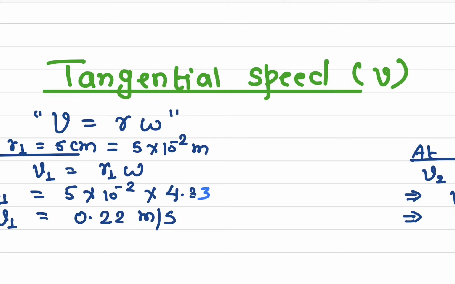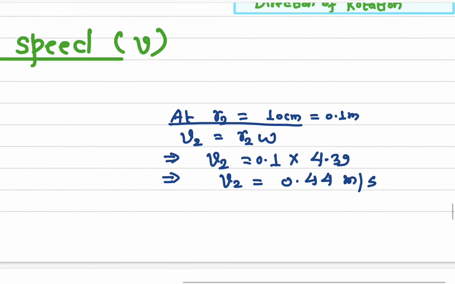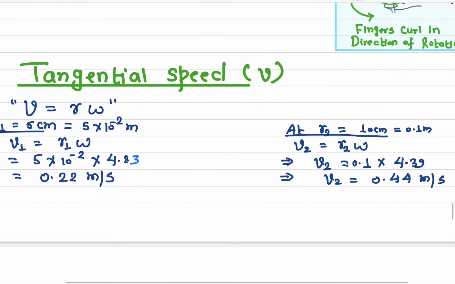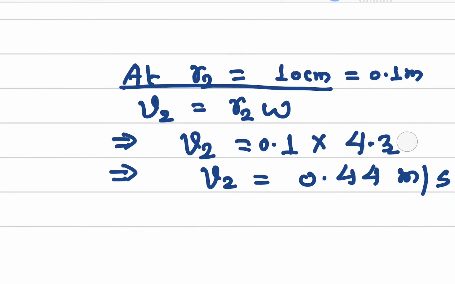So if you do the math, 4.33 times 5 times 10 to the power minus 2, what you get is 0.22. So that's the tangential speed at 5 centimeter. And again, the same way, if you calculate, what you get would be 0.43 here.